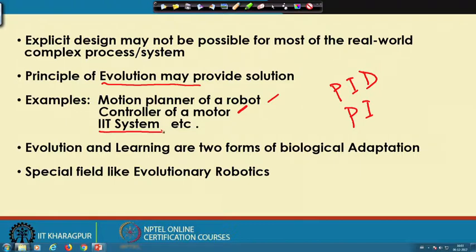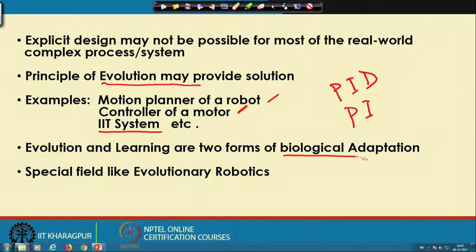Nobody could design explicitly what should be the status of IIT after a few years, and this particular academic status of the IIT system has come through the principle of evolution, and that is why the principle of evolution is a thing which we should understand very carefully.